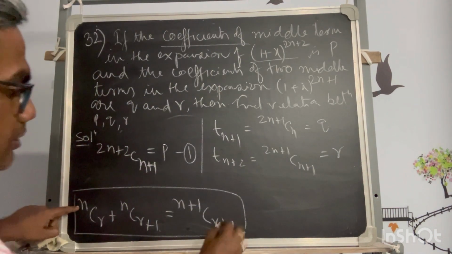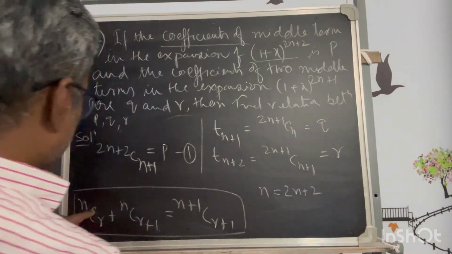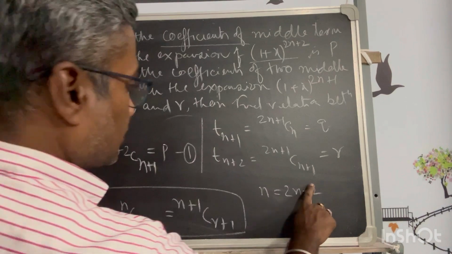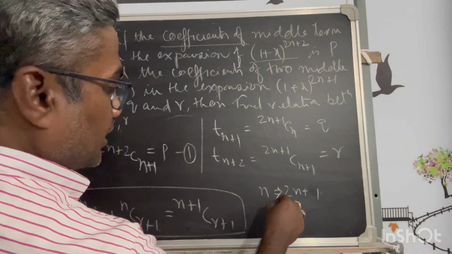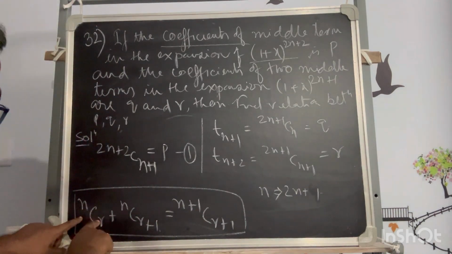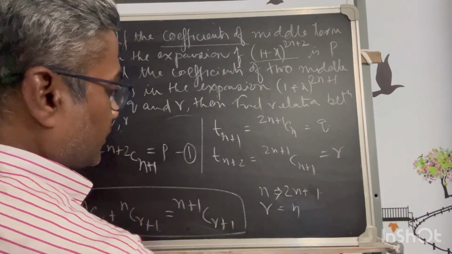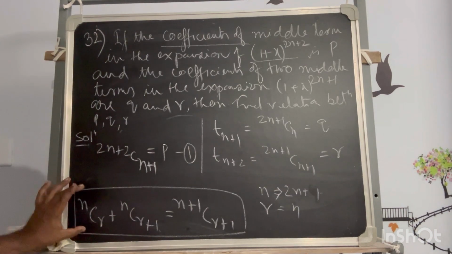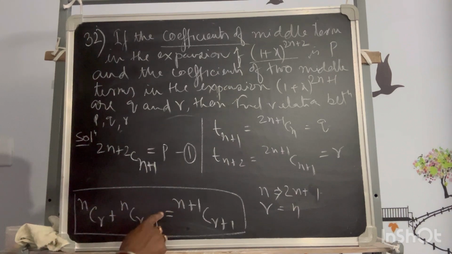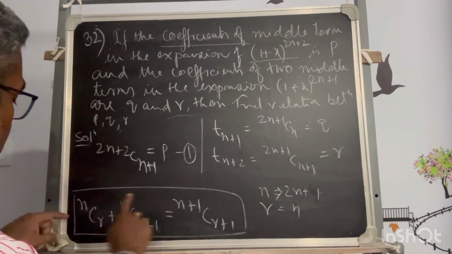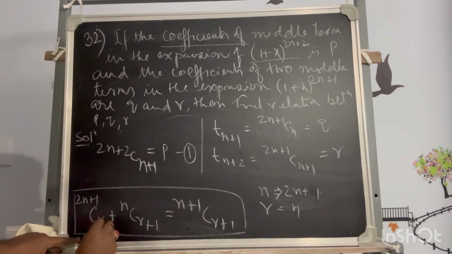Now instead of n, if I put 2n plus 1 in the formula, and r I put n, whether this formula represents these terms, let's see. So I am putting n equal to 2n plus 1, and r equal to n.